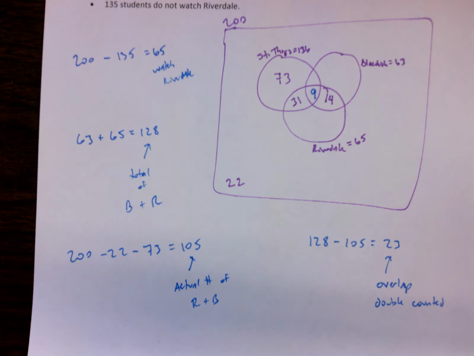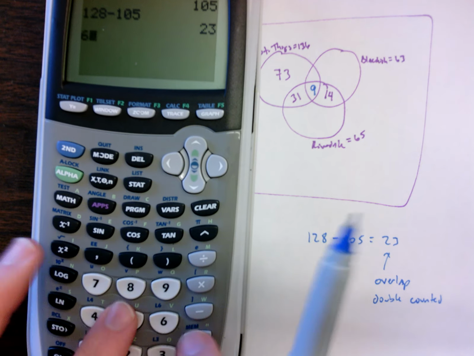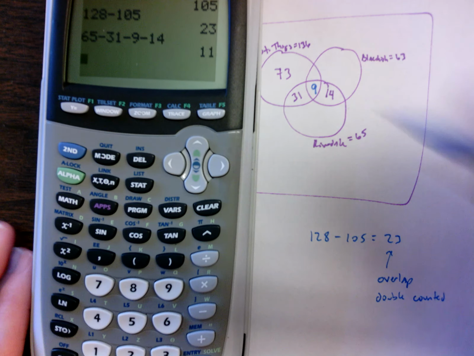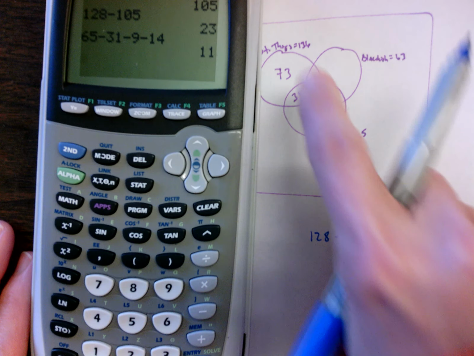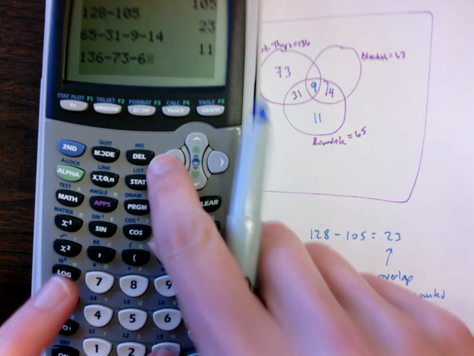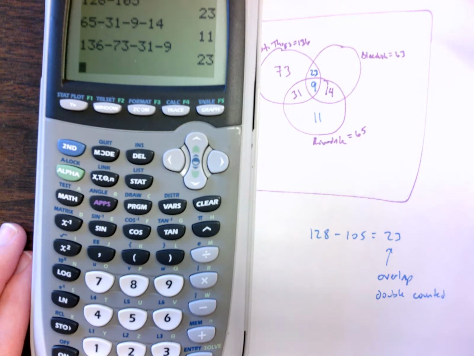Great, and from here, we can figure out the rest of these pretty easily. The Riverdale circle adds to 65, so I'm going to do 65 minus the 31, minus the 9, minus the 14, that's 11 people. The Stranger Things circle added to 136, so I can take away the 73, the 31, and the 9, that leaves me with 23 people here.